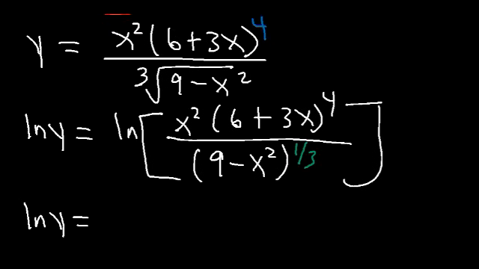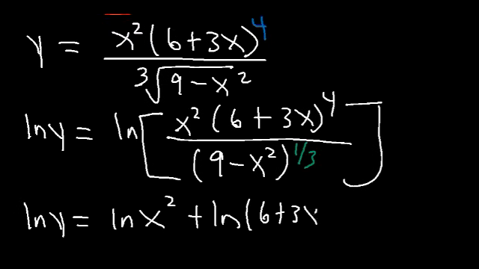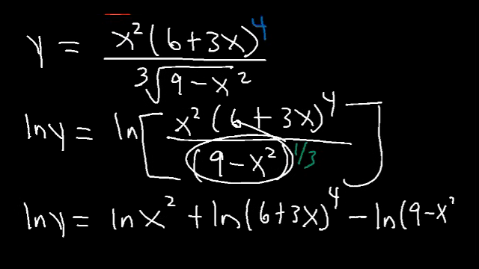Instead of writing ln x squared, we can move the 2 to the front. Actually, I'm going to take it one step at a time. I'll do that later. So it's ln x squared plus ln (6 plus 3x) raised to the 4th, and then minus, since this is on the bottom, ln (9 minus x squared) raised to the 1/3.